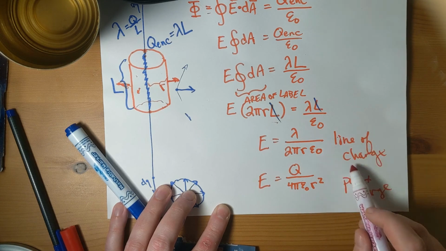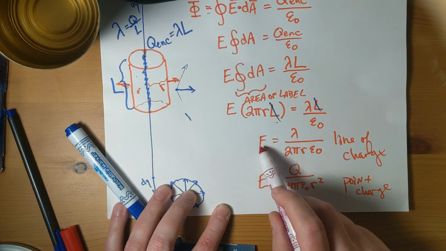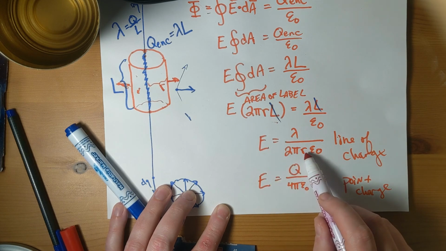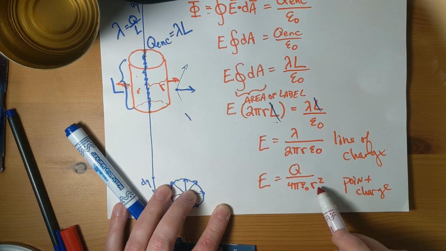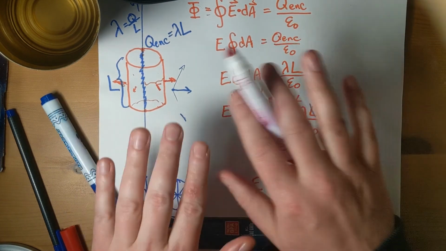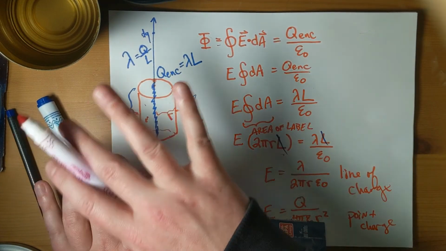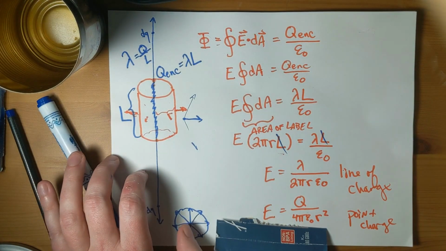When I have a 1-dimensional distribution of charge that only has a length, my electric field is proportional to r to the -1. So we got r to the -2, r to the -1. What do you think will happen if I have a two-dimensional distribution of charge, like an infinite plane? Well, we will talk about that in the next video.